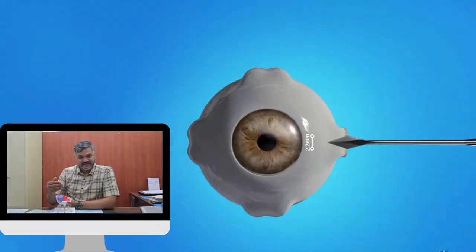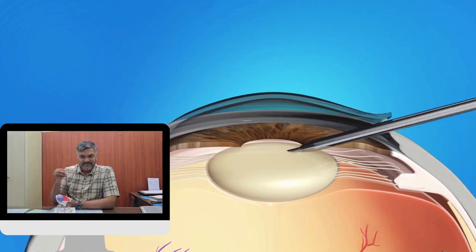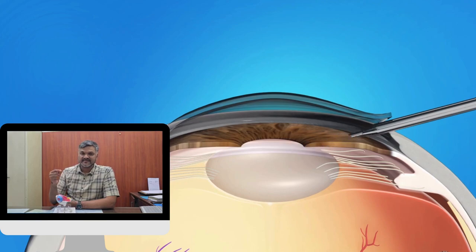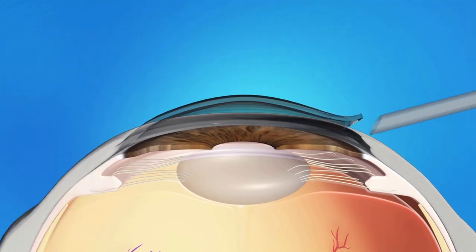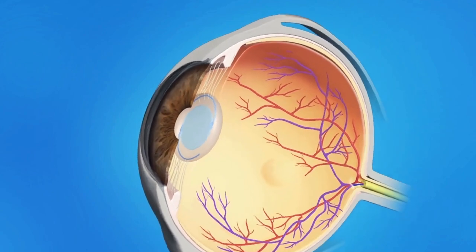And we go inside the eye with the help of a machine. We break the lens particles into small bits and pieces, and then this is sucked out from the eye. And then again in that place we implant an artificial lens inside the eye, which is basically an acrylic material, a medical grade plastic. The third variety is called femtolaser assisted cataract surgery. Now remember, as I told you, it is assisted.